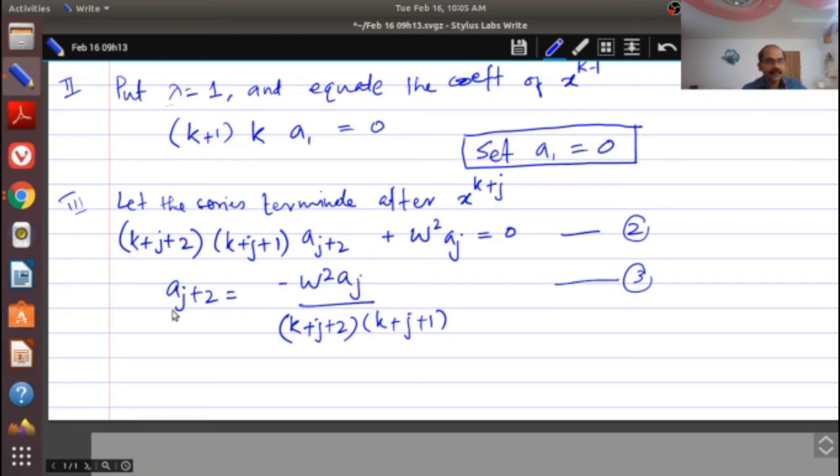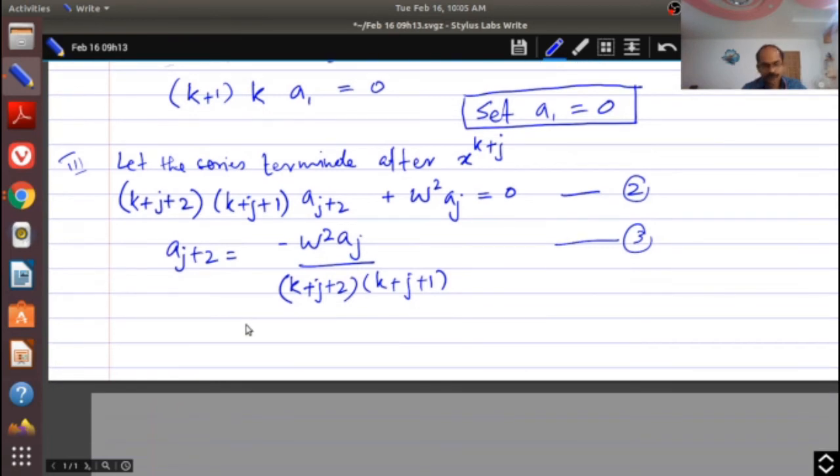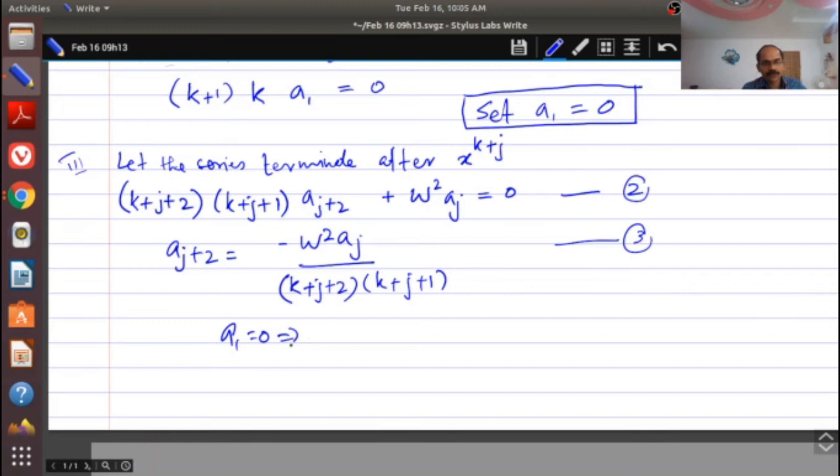A3 is 0 implies a5 is 0. So a1 equal to 0 implies a3 equal to 0, which implies a5 equal to 0, and it goes like this, which means a1, a3, a5, etc. are identically 0.